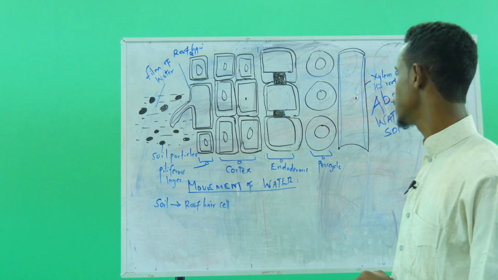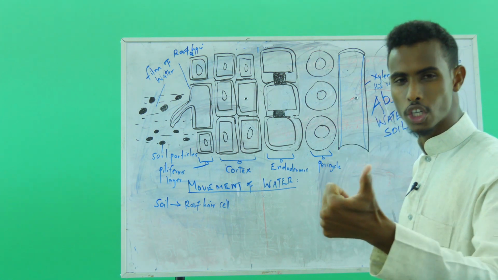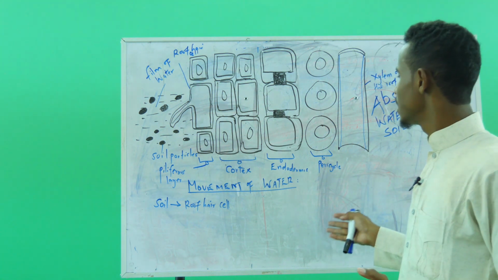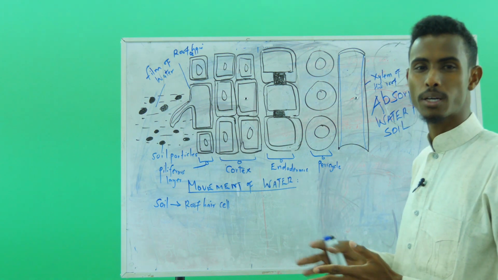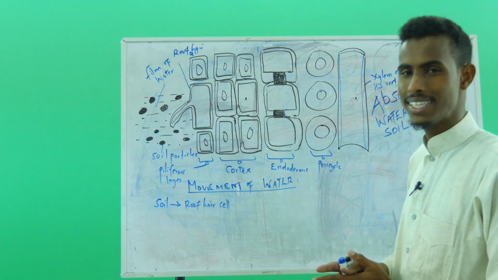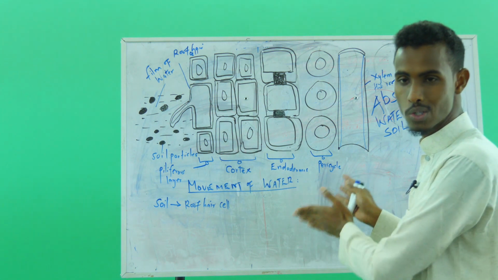Class, there are various forces involved in the process of water absorption from the soil. Number one, we have the cohesion and adhesion forces. Cohesion is the process where molecules of the same kind, such as water molecules, get attached to one another and flow as a continuous column.